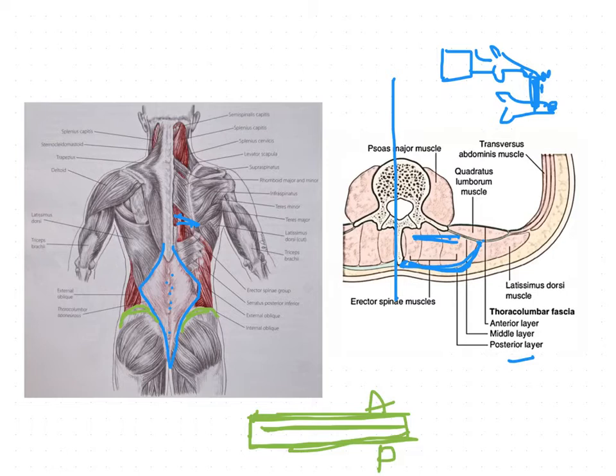So the posterior layer inferiorly is going to attach to the posterior one-fourth of the outer lip of the iliac crest.